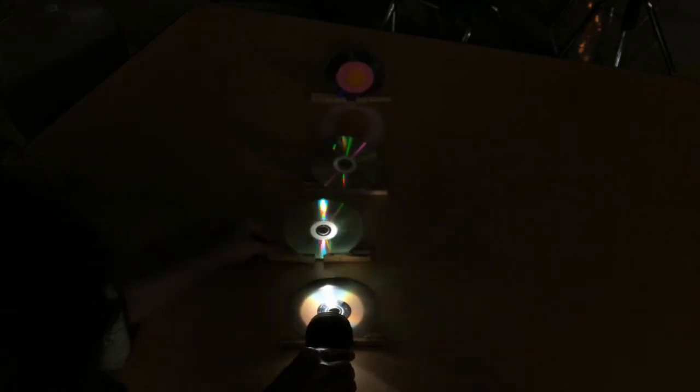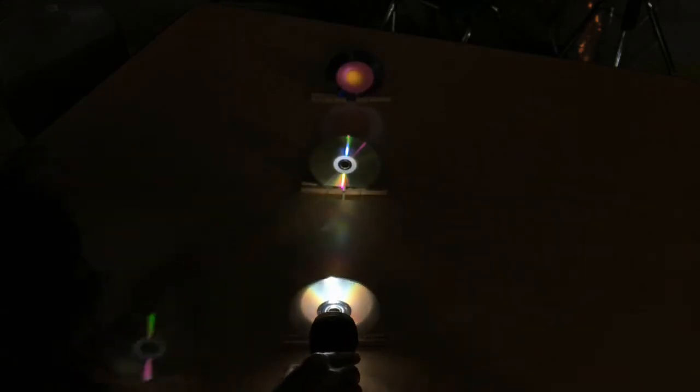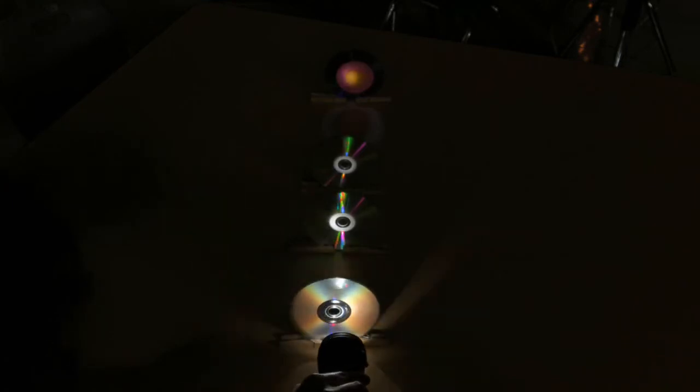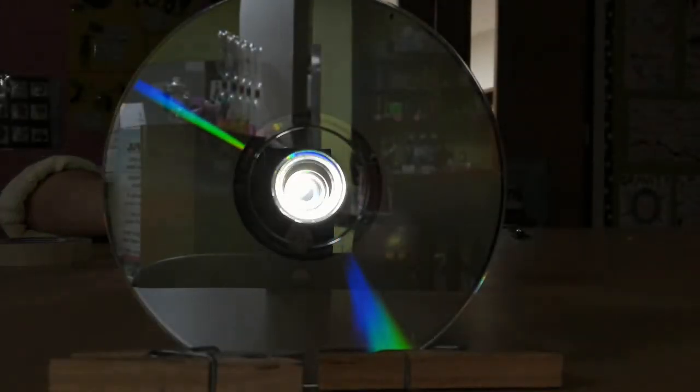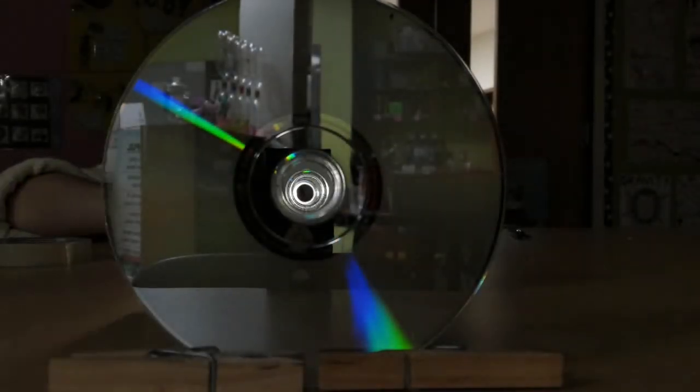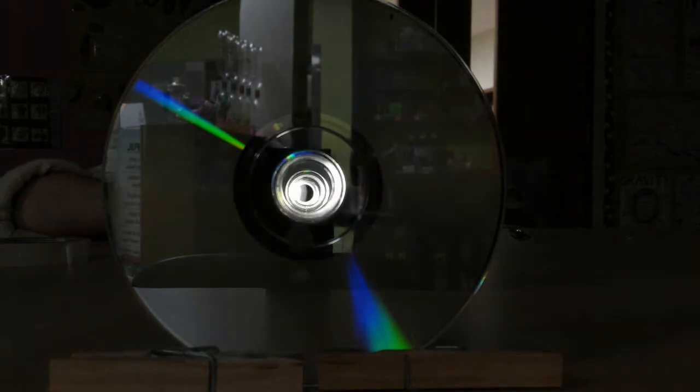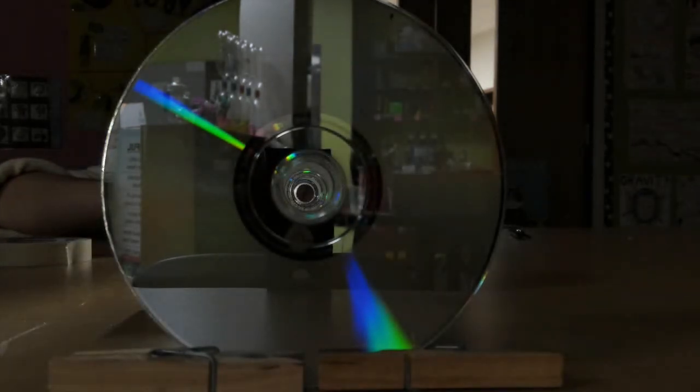And the way that I'm going to do that is because I know that light travels in a straight line. But as I move my flashlight from side to side, the CDs block the light, and I'm not able to see my light hit the target anymore.